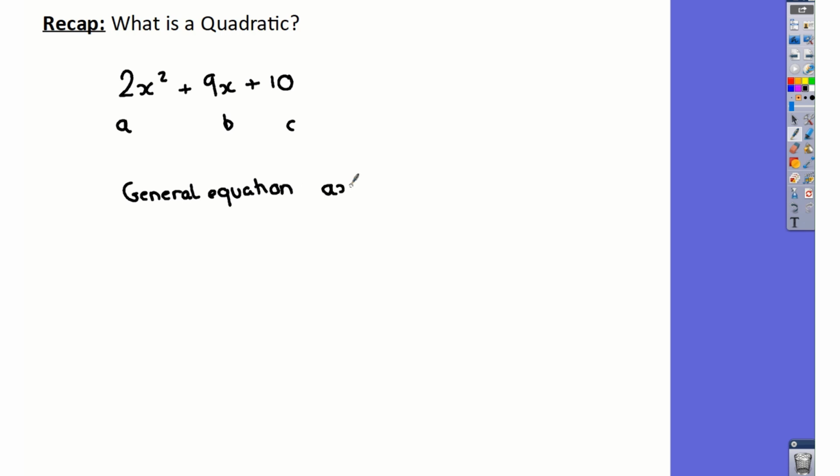So it's ax squared plus bx plus c. Now we're interested in the nth term. So with respect to an nth term, I'm talking an squared plus bn plus c.